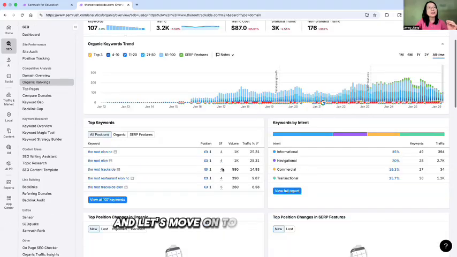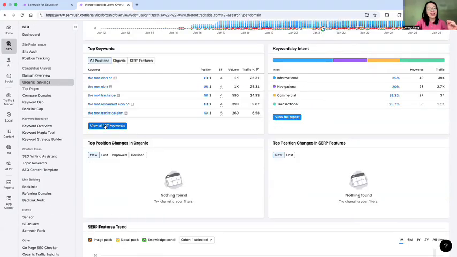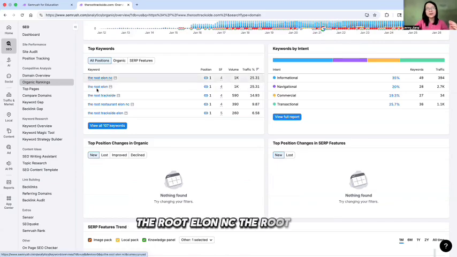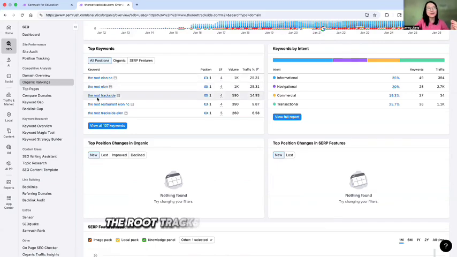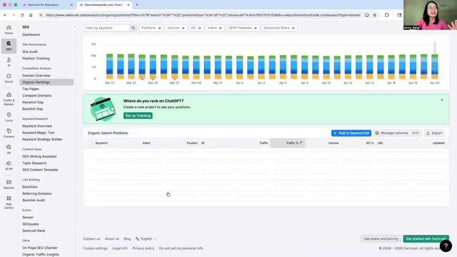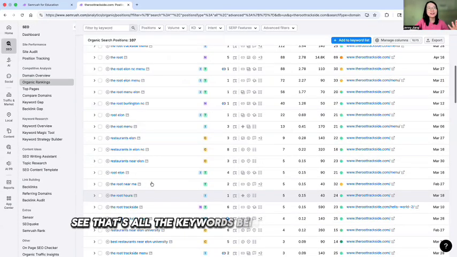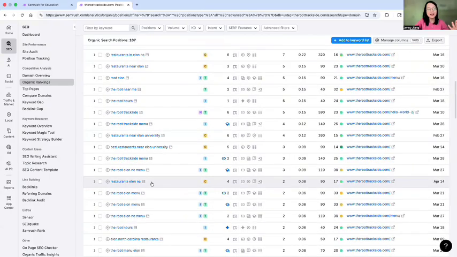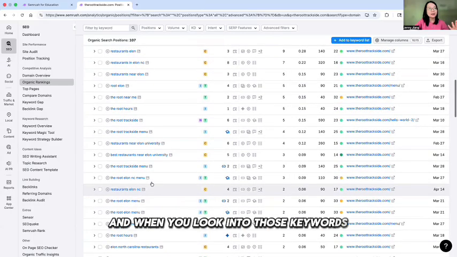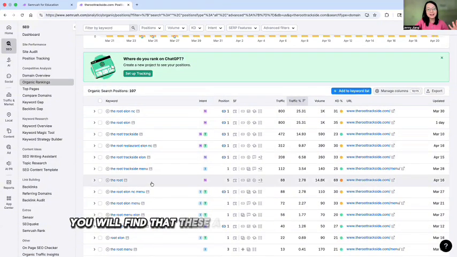And let's move on to the top keywords. The top keywords include the root Elon NC, the root Elon, the root trackside. If you click view all 107 keywords, you can see the whole picture. Yeah, see, that's all the keywords being identified by Google. And when you look into those keywords, you will find that these are mostly branded keywords.